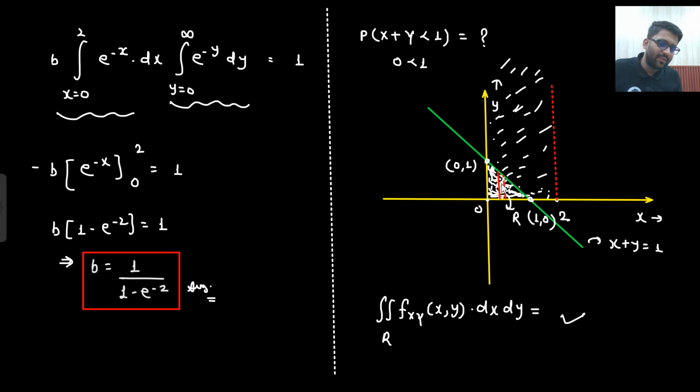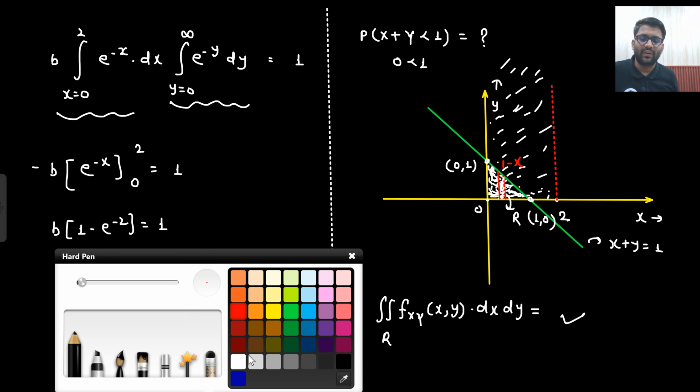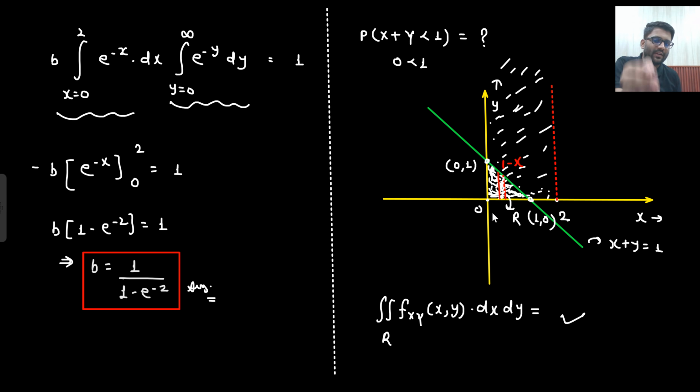You have taken a vertical strip, so the value of y is going from 0 to 1 minus x. And if you move the strip, x will go from 0 to 1.